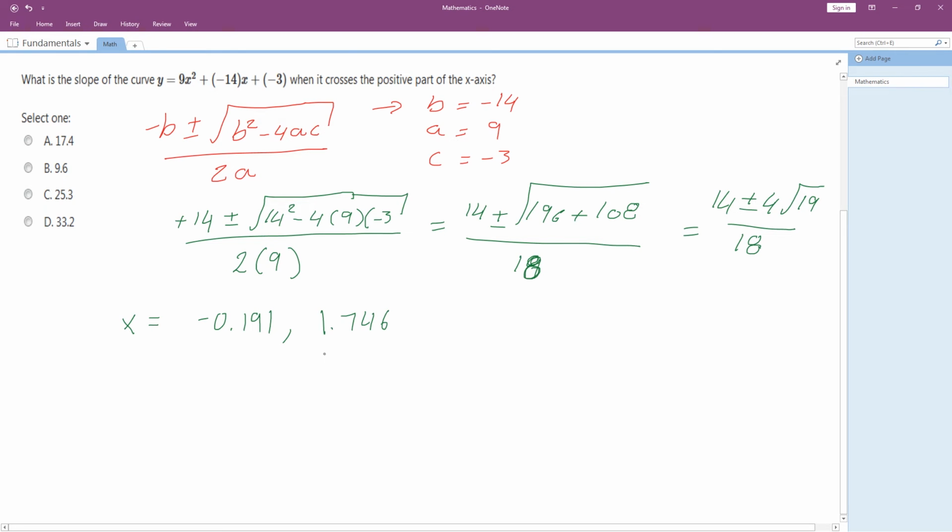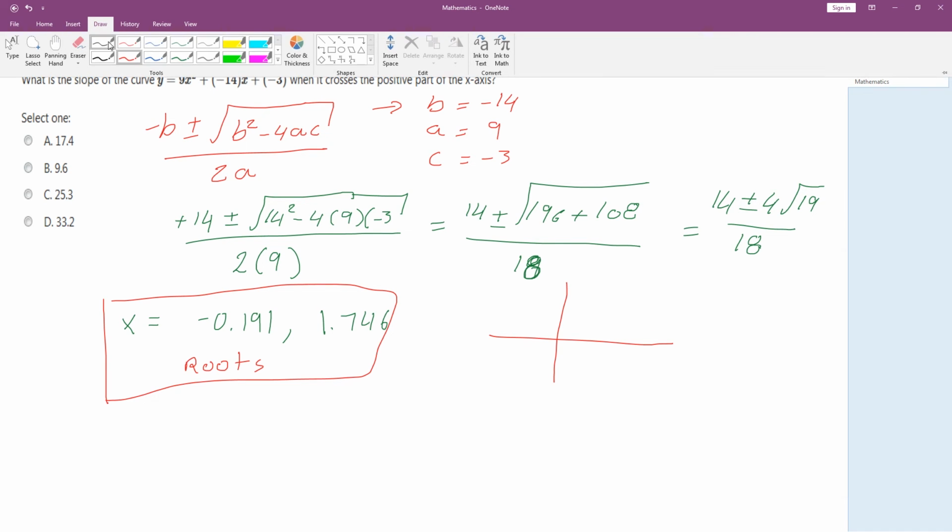Basically we're interested in the positive root because the question is about where the curve crosses the positive part of the x-axis. So let's just sketch it here and see how the graph looks.